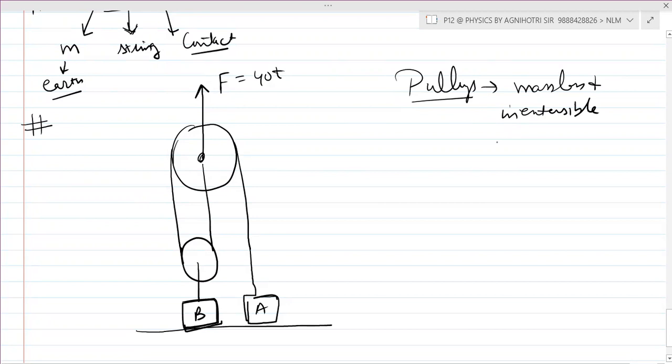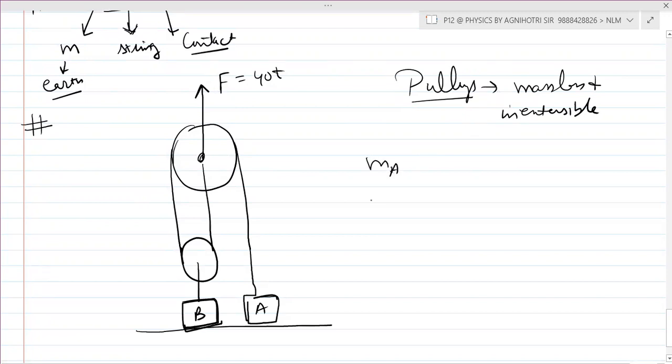So the point of discussion here is what we have to discuss in this concept.